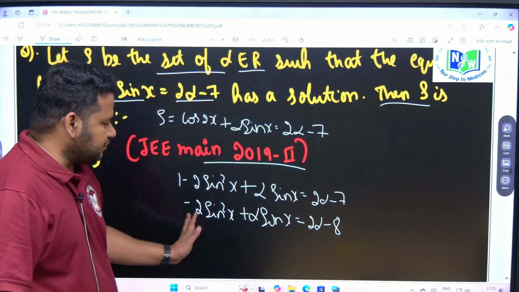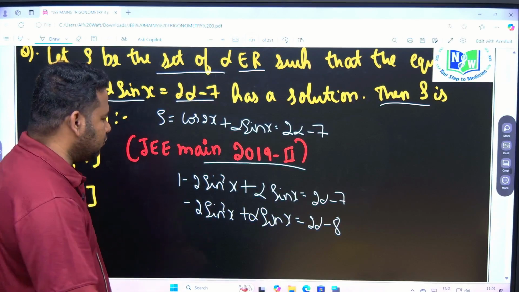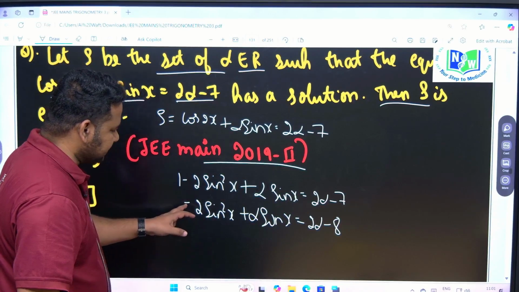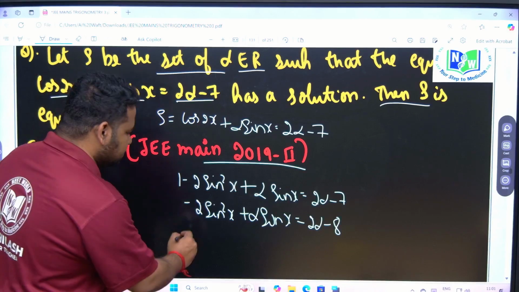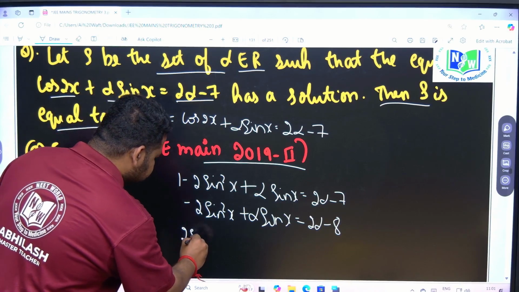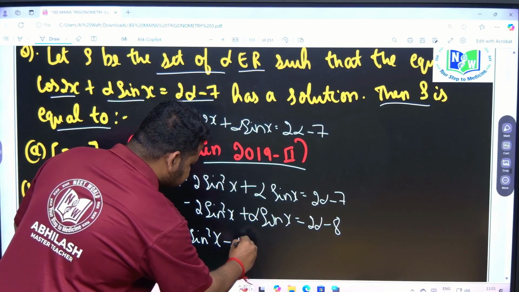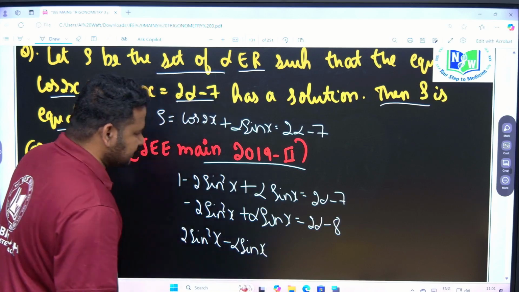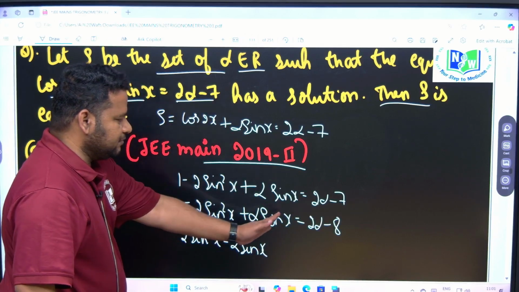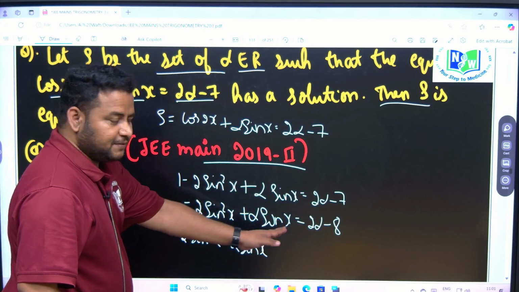Now if I want to make it into a quadratic equation, instead of minus 2, I will make it plus 2. So this will become 2 sin square x minus alpha sin x. If the right side comes this side, it will be minus 2 times alpha plus 8.